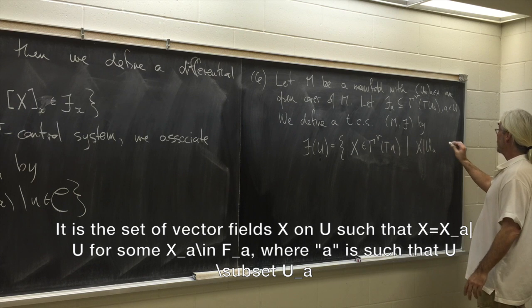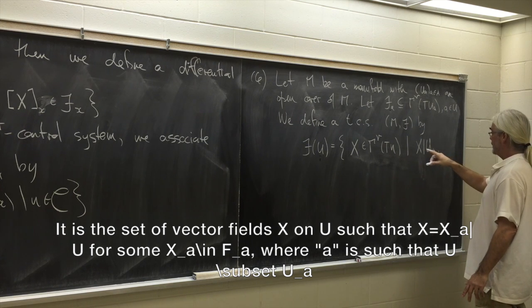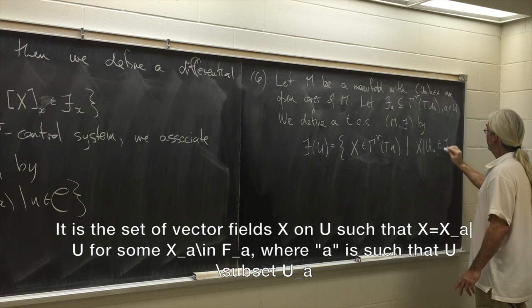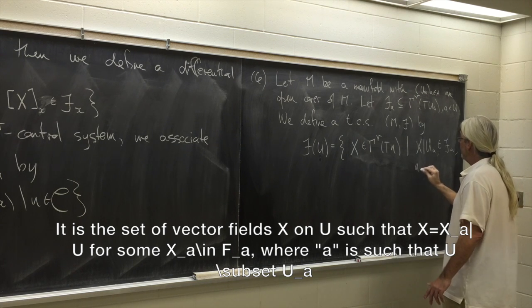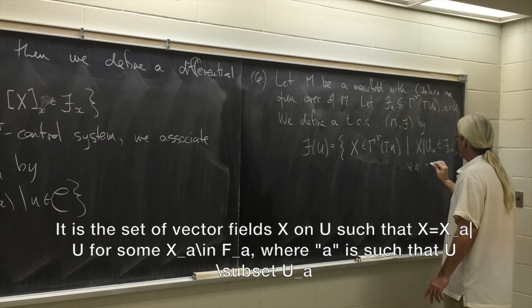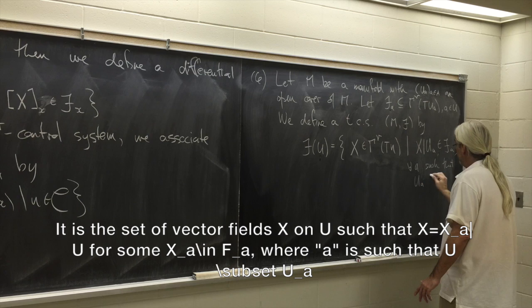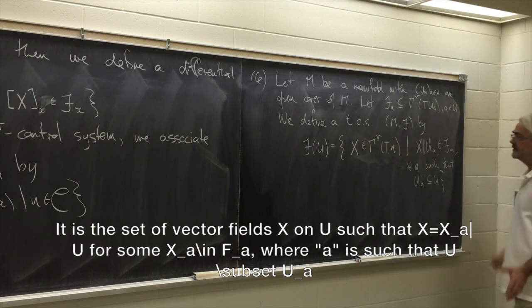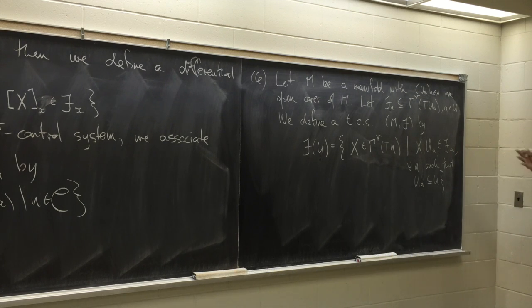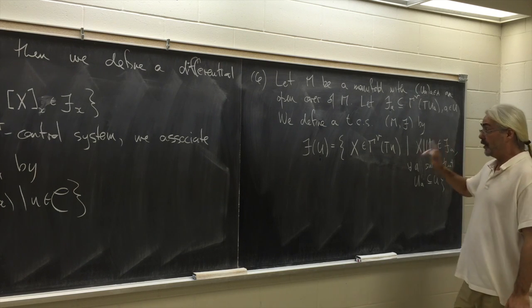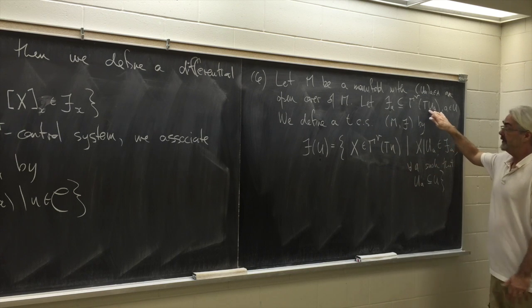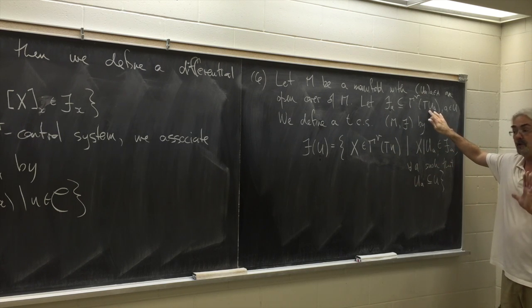So X restricted to U_A is an element of F_A, and this has to be true for all A's such that U_A is contained in U. Okay, so I could patch one together over U_A's that overlap, and both are contained in capital U. So it's kind of a complicated definition. As I say, for a large U, it's possible that F of U will be empty, and there's no problem about that.